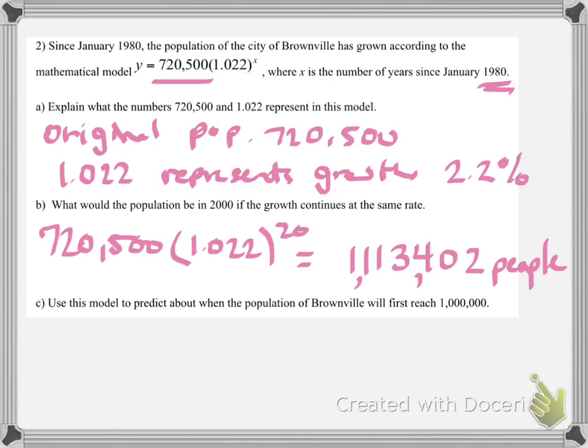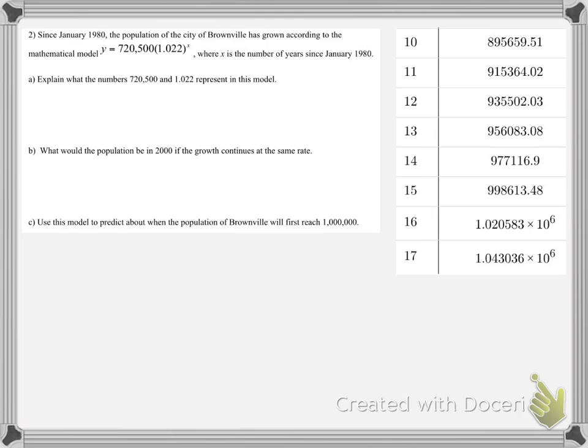Alright, use this model to predict when the population will first reach 1 million. Well, we know it happened before 20 years, since our population at 20 years is over 1 million. So here's where your calculator's table would come in handy. You'd type that function into the calculator with x being the exponent, so it shows the population every single year.